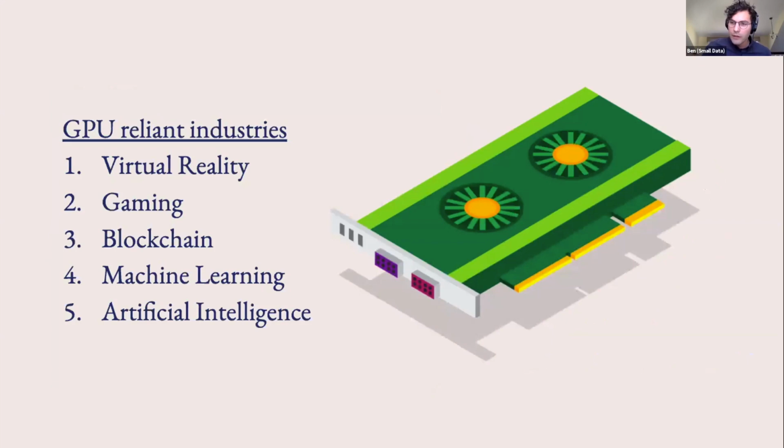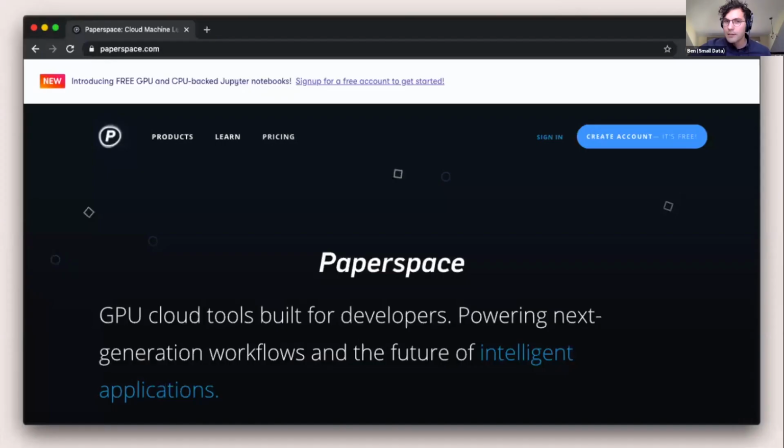In the intervening years, there has, of course, been exponential growth in industries that are heavily reliant on the processing power of GPUs. These are just some of them. Something else that's not listed here is autonomous vehicles, which are heavily reliant, of course, on machine learning. There's been a real market demand for GPU-powered virtualization platforms, and so there is now a supply for that.